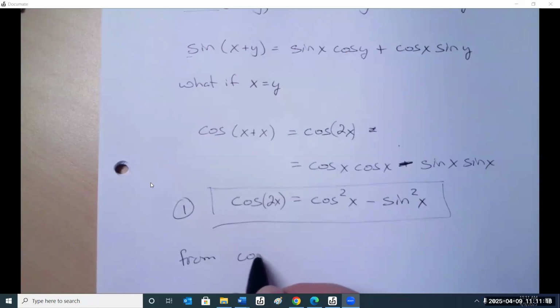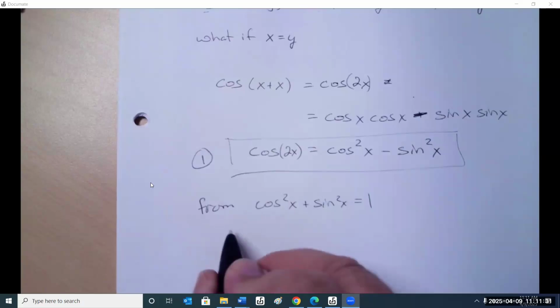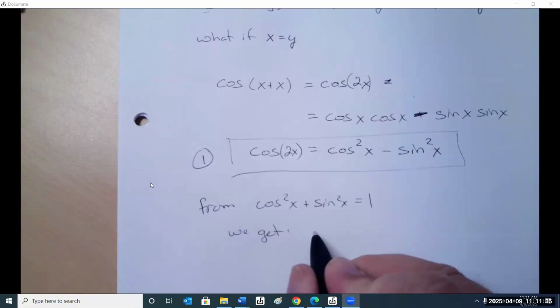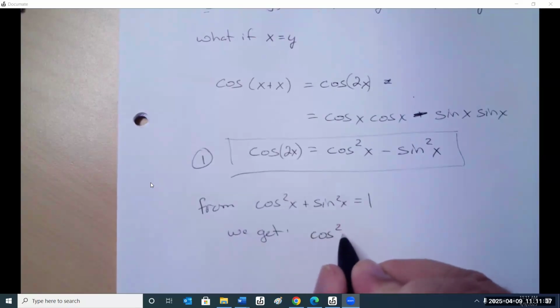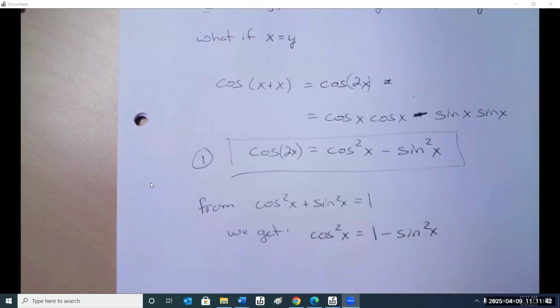From cosine squared x plus sine squared x equals 1, the Pythagorean identity, we get cosine squared x is equal to 1 minus sine squared x.